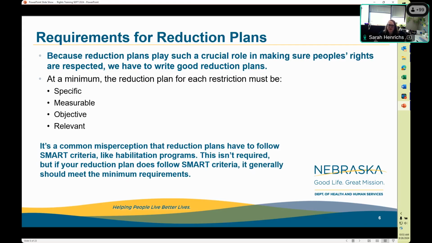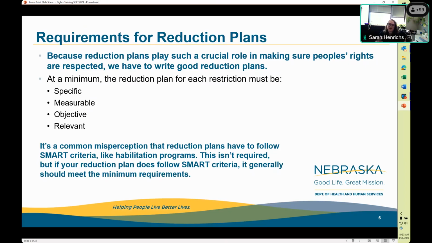They might give you grief about it, but it's so important to have a reduction plan that really speaks to what a world would look like where we think it would be safe for this person to not have this restriction or have this restriction reduced. And what are observable signs of that that we can then create a reduction criteria around?